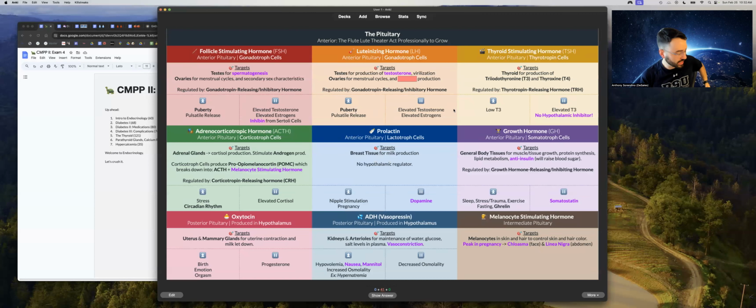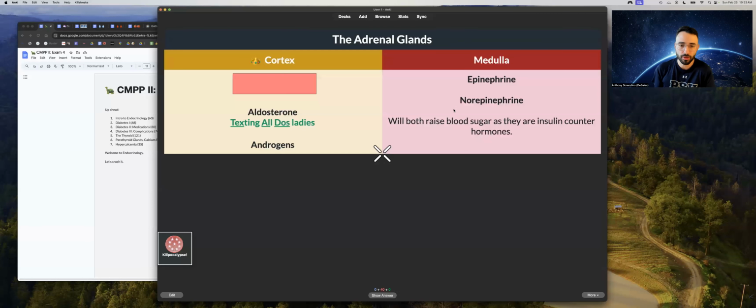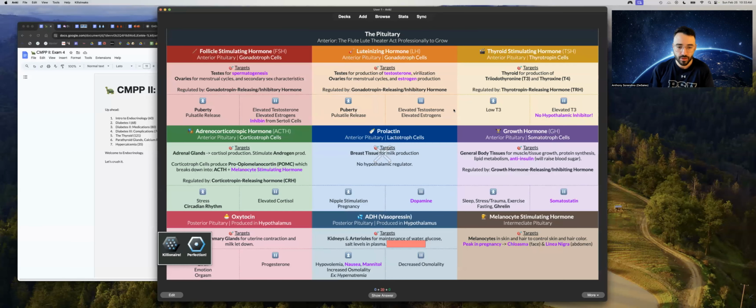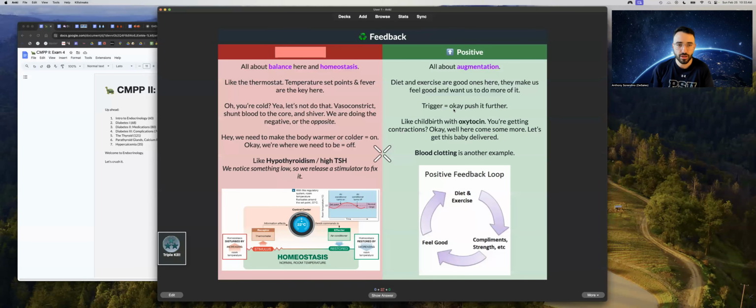Ovaries, menstrual cycles, and what production? Estrogen. No hypothalamic regulator for prolactin. Cortex, CAA, cortisol. Kidneys and arterioles for maintenance of water, glucose, salt levels, and plasma. Vasoconstriction. Anterior pituitary, thyroid comes from thyrotroph cells.